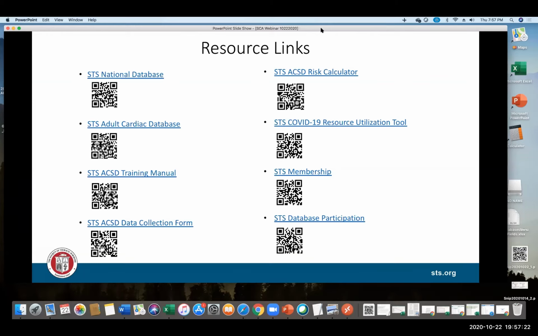So this is something new for the anesthesia participants to be able to look at all of the patient's data from the preoperative section all the way through the postoperative complication section, along with the anesthesia information. And so that's something that's new as well. And I'm happy to take any questions on the anesthesia section if you have them after this webinar.